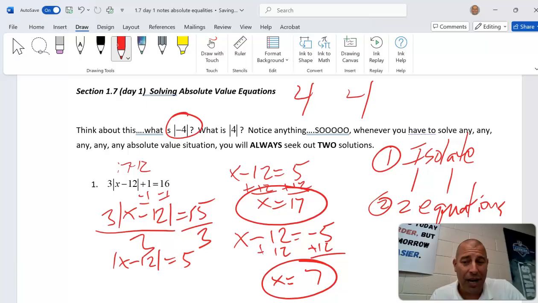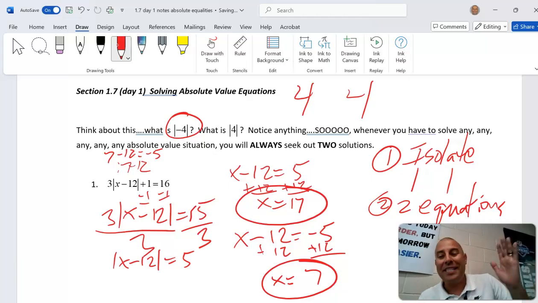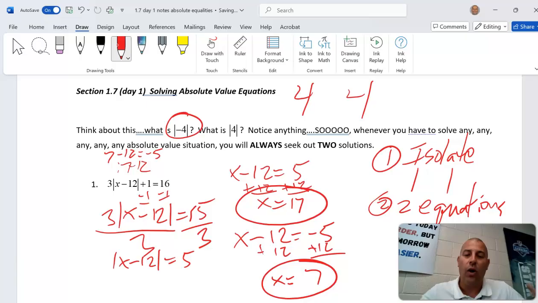What's the absolute value of 5? 5. But look what happens when you plug in the 7. 7 minus 12. Well, that's -5. But what's the absolute value of -5? 5 as well. So again, absolute value equations seek out those two particular solutions.